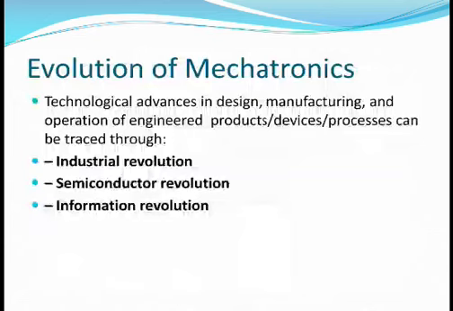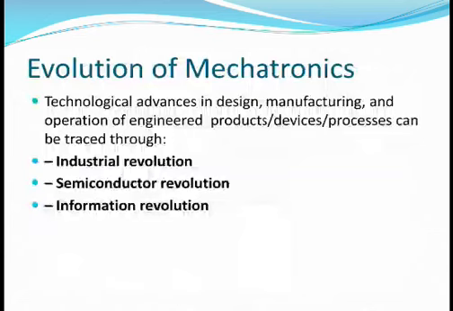Then, evolution of mechatronics. So, how it got so much scope in these days, how it evolved. Let us see. Technological advances in the design, manufacturing, and operation of engineered products or devices or processes can be traced through industrial revolution, semiconductor revolution, information revolution.